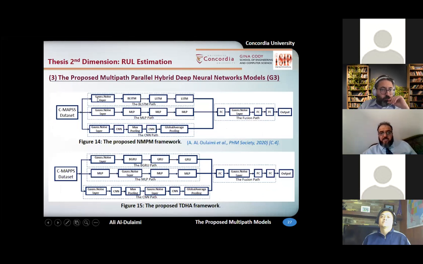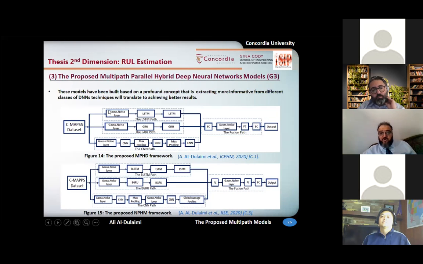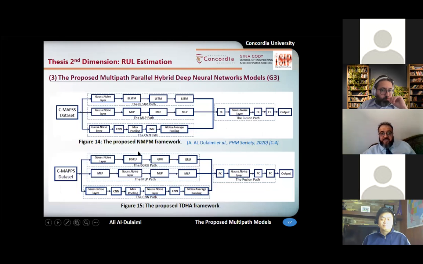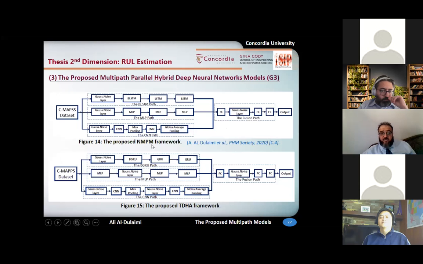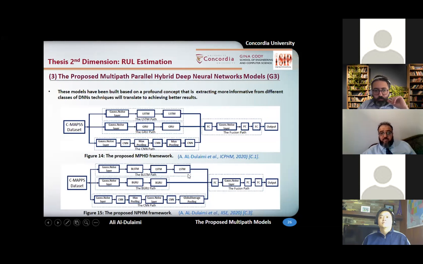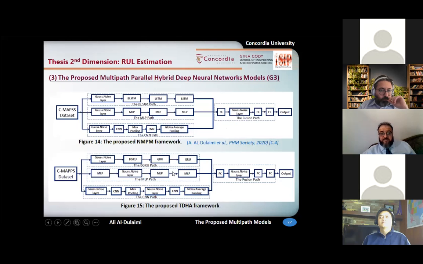Here we employ different styles of noisy training, different deep learning techniques, and even a different design for the usual common parallel CNN. We use different techniques, such as global average pooling, which you can see we use in almost three proposed models.